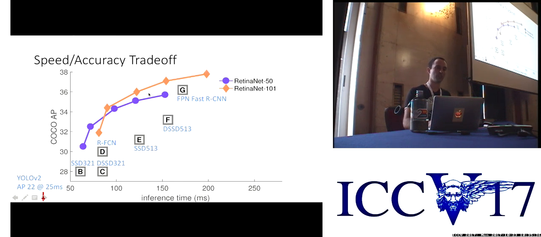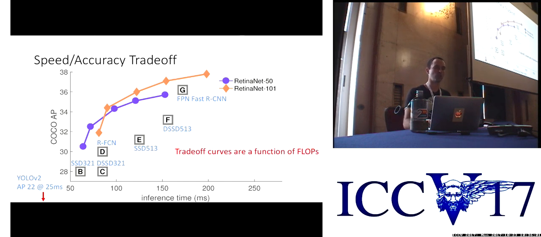And then the connected curves here show 2 different versions of RetinaNet using a ResNet 50 and a ResNet 101 backbone with FPN. This is showing that as you change the size of the input, you trace out a curve for each one of these networks of different points of average precision versus inference time.